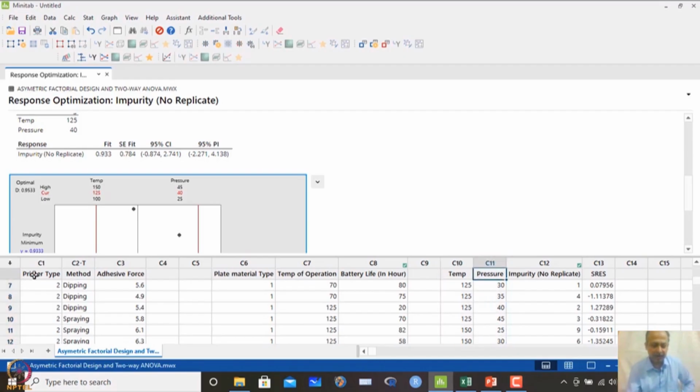So, what we have done over here in two-way analysis of variance: we have taken factors which are categorical, and we have taken factors where categorical and continuous variables are together. We have taken an example where the experiment was done and an asymmetric design was used, and in this case there is no replicate, basically n equals 1 means there is no replicate.